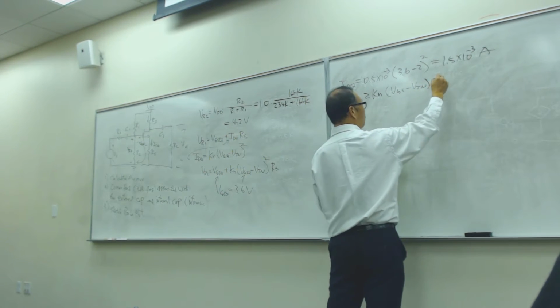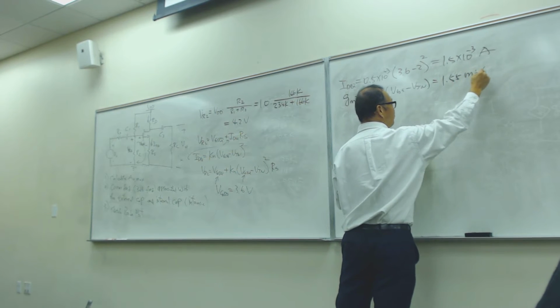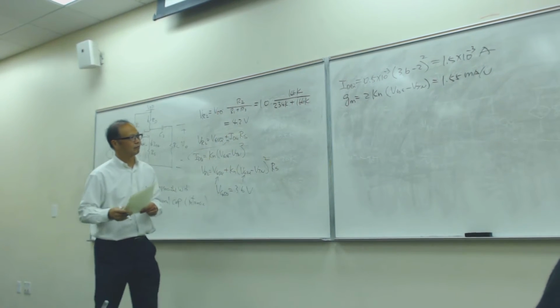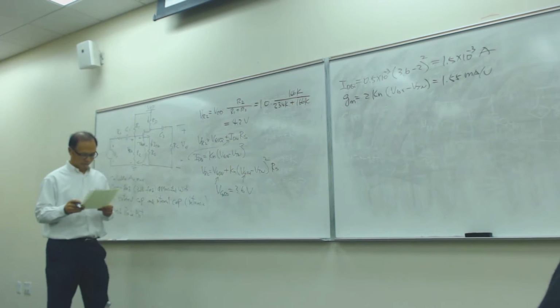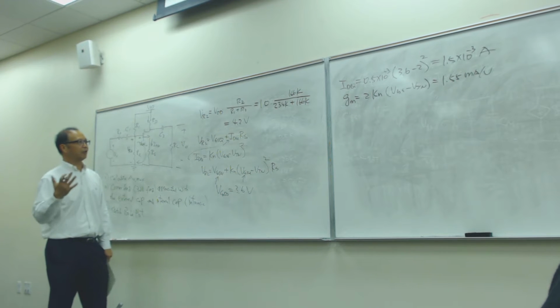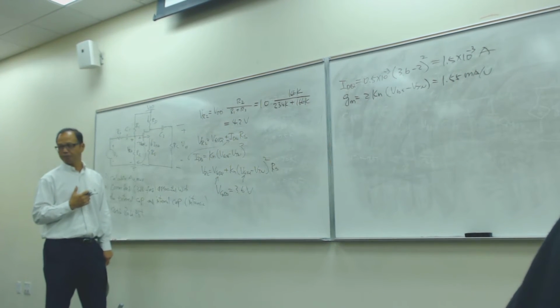So that's about 1.55 milliamp per volt. Okay, so that's all you have to do for the DC analysis. Yes.